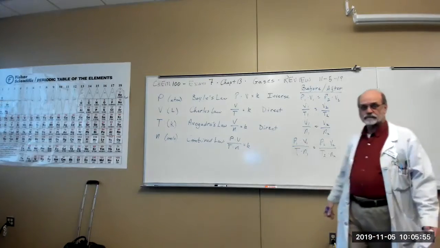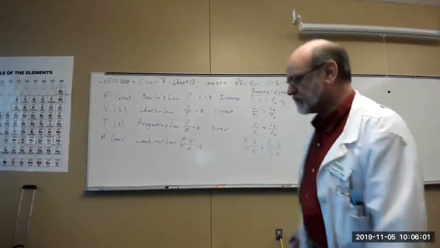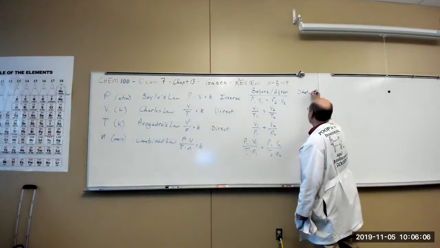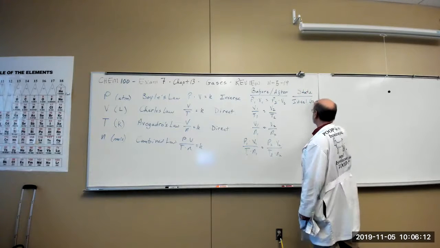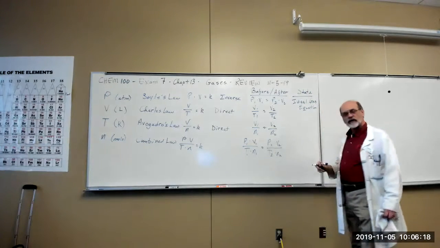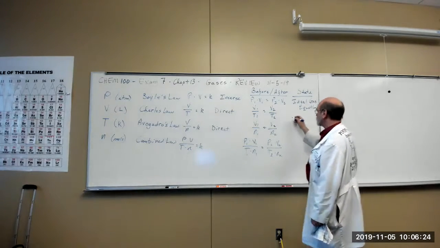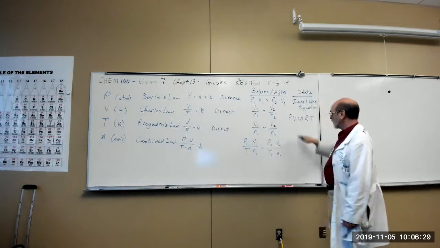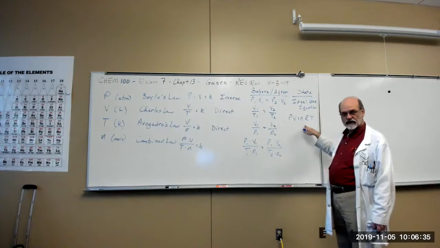Now, if you find yourself in a situation where you only know the conditions right now, its present state, I call it the state law, but it's actually the ideal gas equation. Then you would use this expression, PV equals nRT. We know what P, V, n, and T are. R is the constant, the universal gas constant.